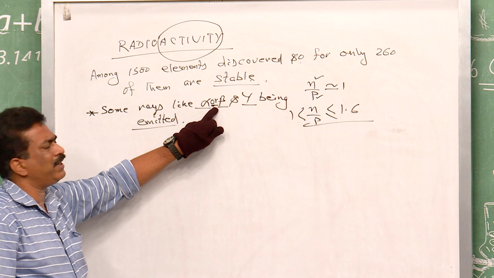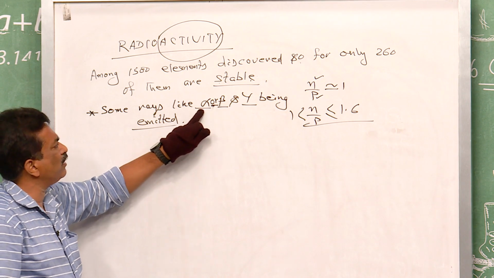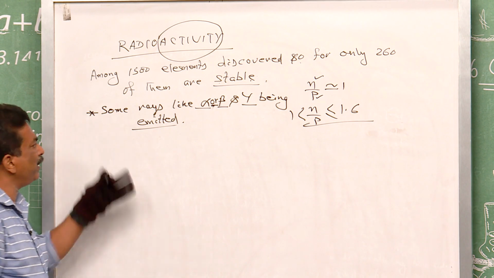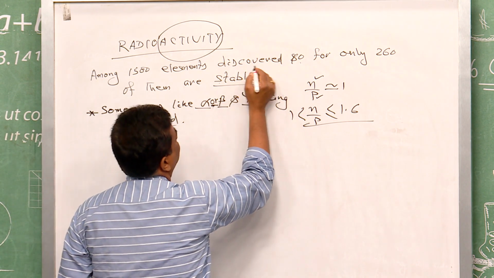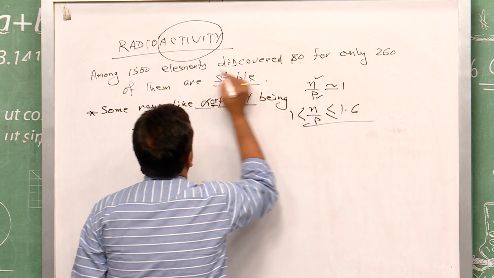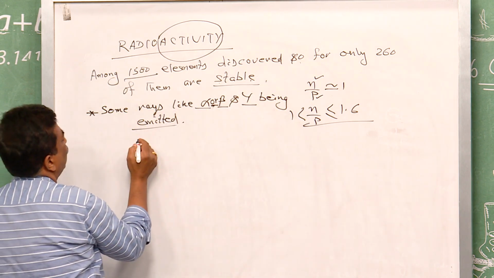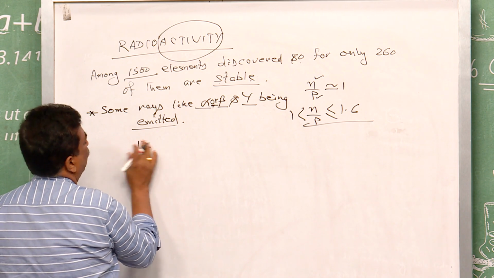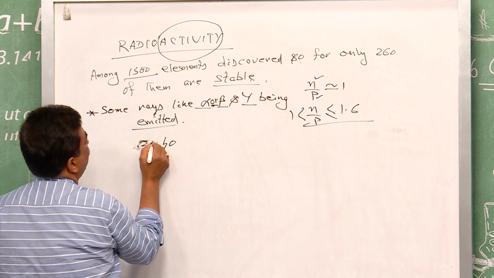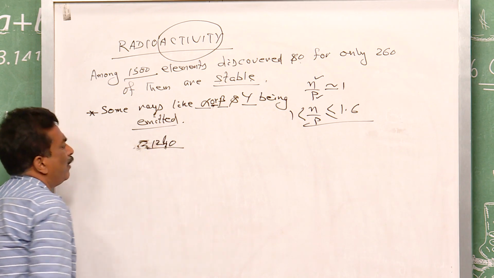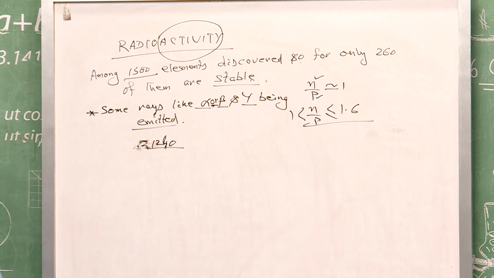Alpha or beta means either alpha is emitted or beta is emitted. If you subtract 260 from 1500, the rest are 1240 elements which are unstable.